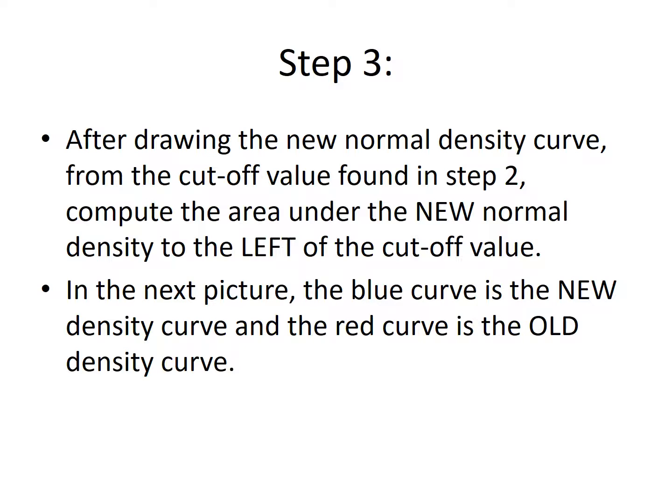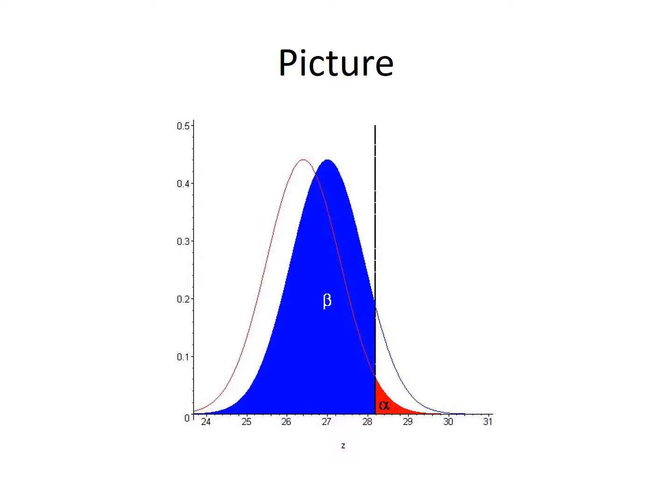In the next picture, the blue curve is the new density curve and the red curve is the old density curve. And beta, the probability of a type 2 error, will be shaded in blue. So here is our picture. We can see the original curve here in red, and we see that we have that slice where that alpha starts and then goes to the right.